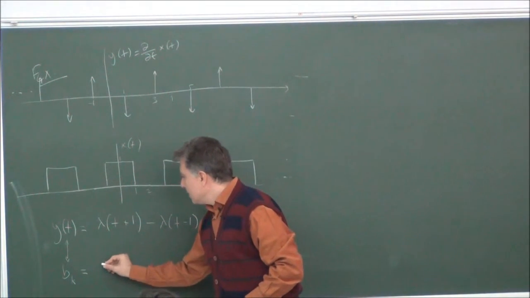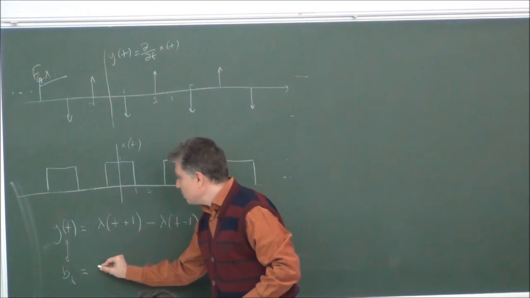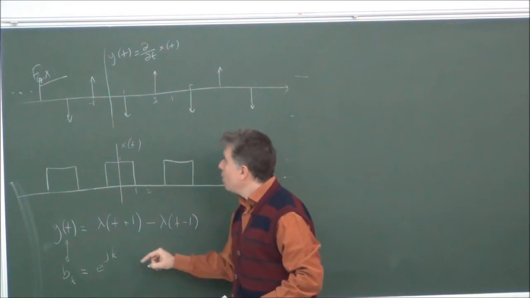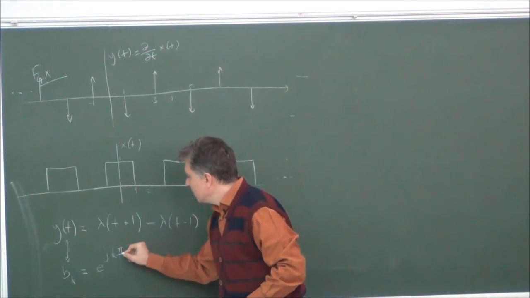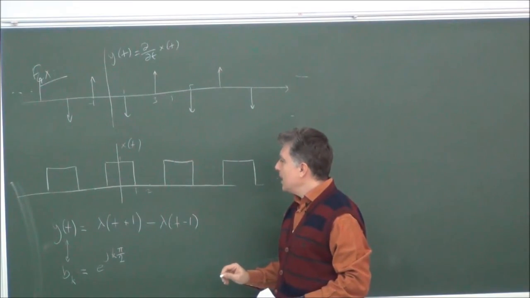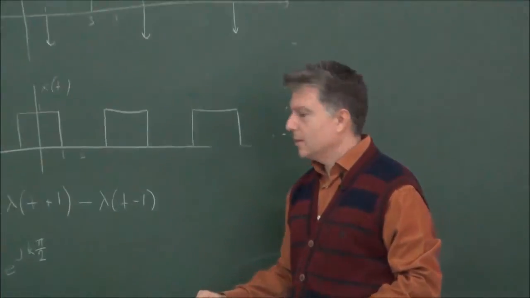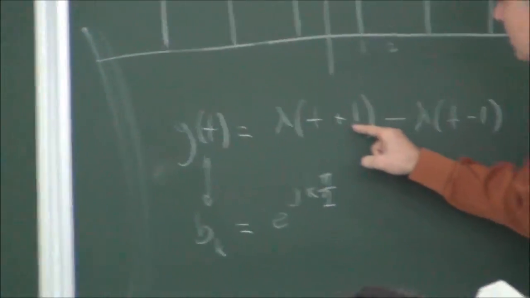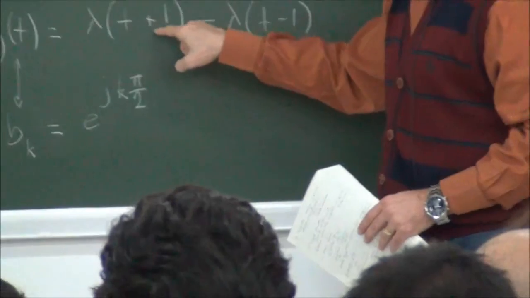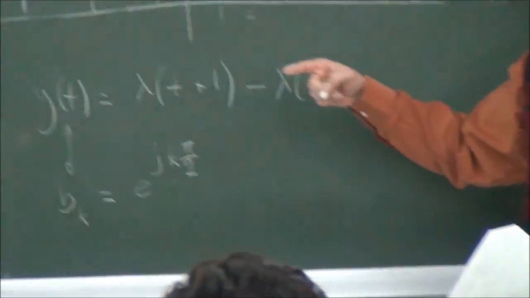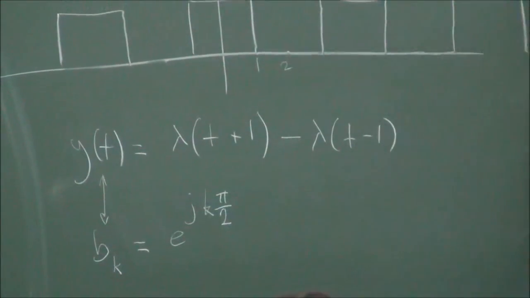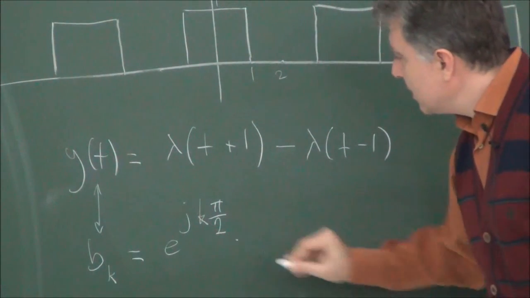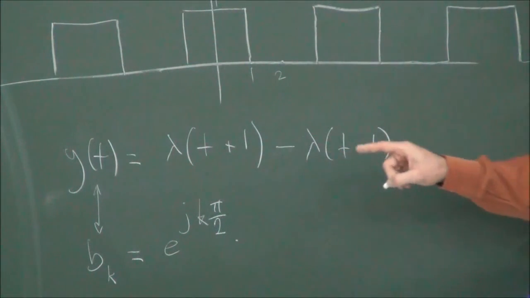So when you shift, what was the formula? E to the j k omega 0, which is pi over 2, and t0 is 1, with a minus sign. When you say t minus t0, that t0 is already minus 1, so this minus sign and that minus 1 are cancelled, and we get a positive value times the Fourier series coefficient of lambda t.